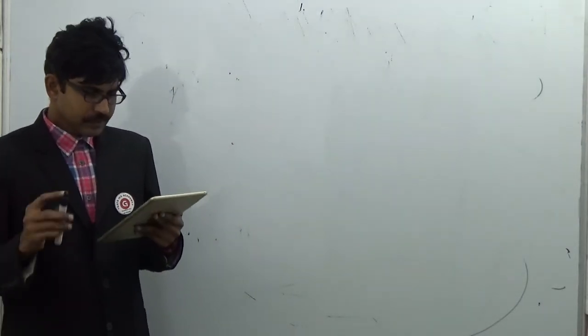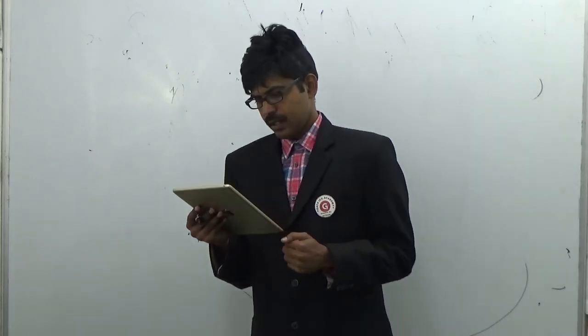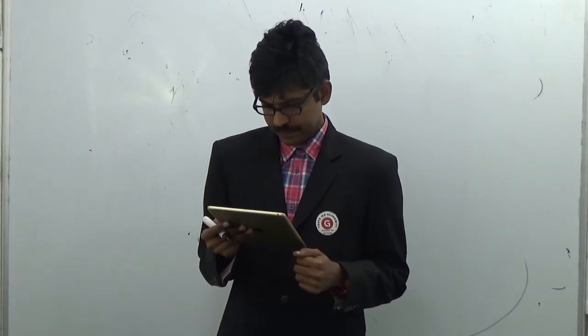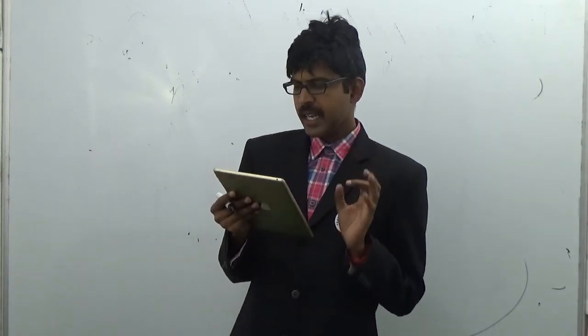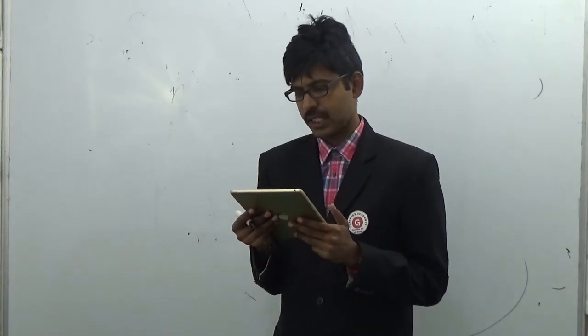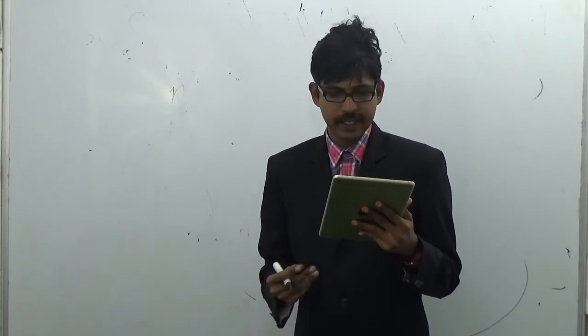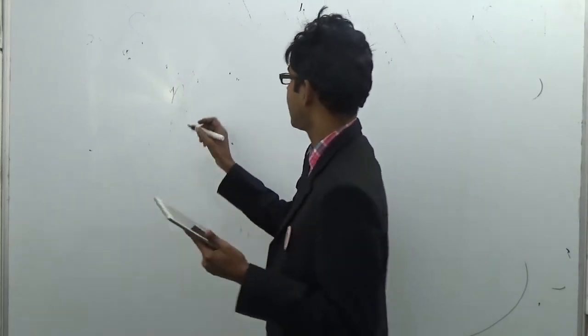Now, here is another problem. In a p-type silicon sample, the hole concentration is 2.25 into 10 to the power 15 per centimeter cube. It's a 1995 problem.